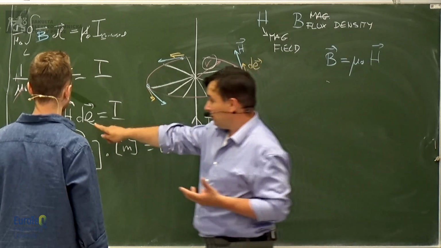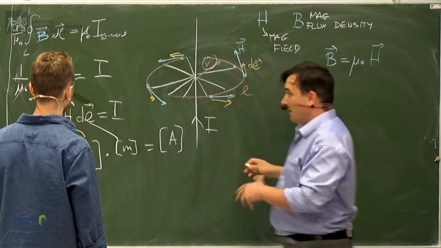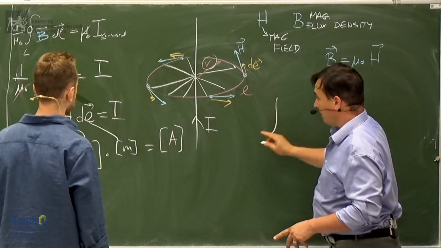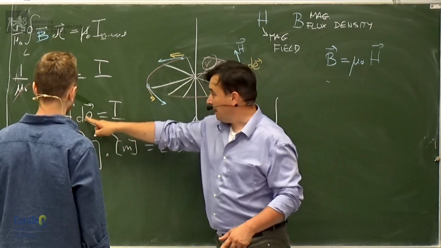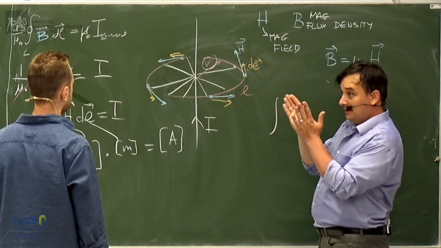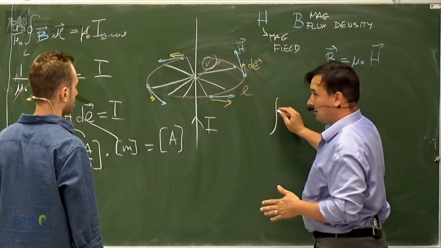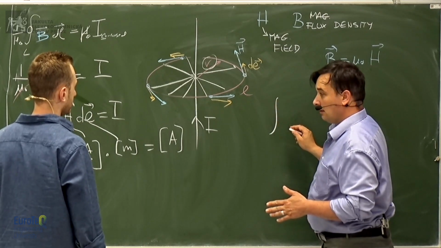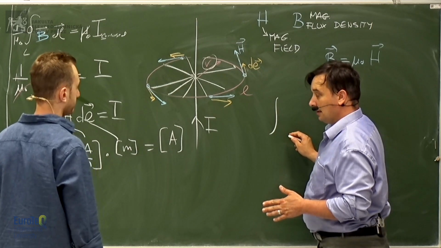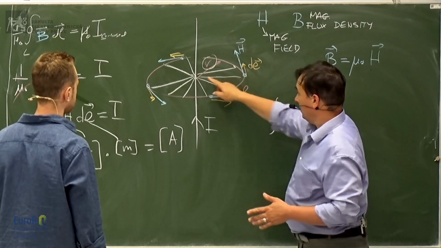Well, let's use this law. If the amplitude is constant, we can take it out of the integral. Because H and dl are parallel, the cosine is always 1. The amplitude will be inversely proportional to the distance from the current.